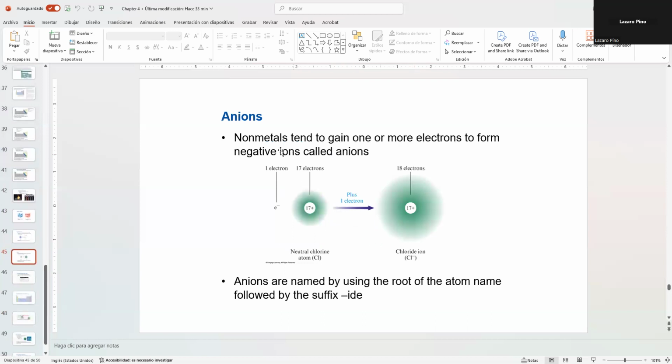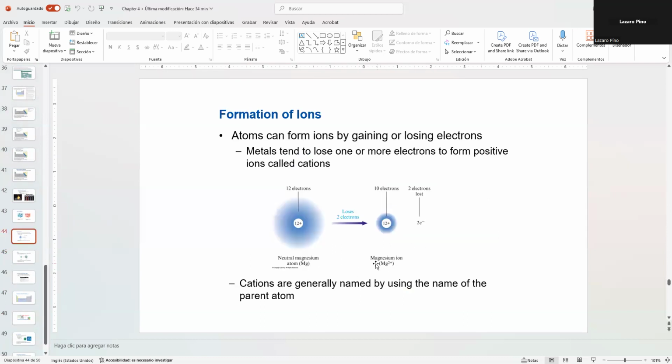In the case of the anions are negative charged, they gain electrons. This is the case of chlorine. Chlorine, when it is an anion, the name is chloride. We change the ending by "ide," while the cations has the same name as the atom.